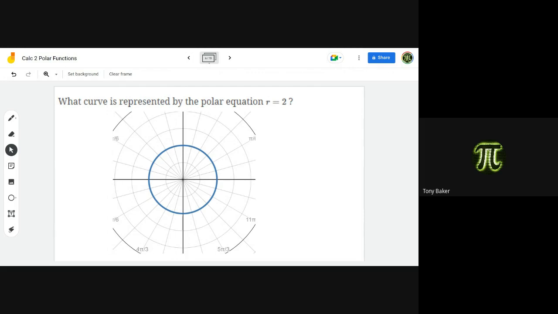It's literally going to be a straight line at pi over 4, going forever, because in this case radius doesn't matter. There's no radius variable in it, so the radius will go on forever. So it's basically a line going through that angle. Would it also go behind? Yep, it'll do the negative side as well, because remember, radius could be negative. So actually, that I can show you on here.